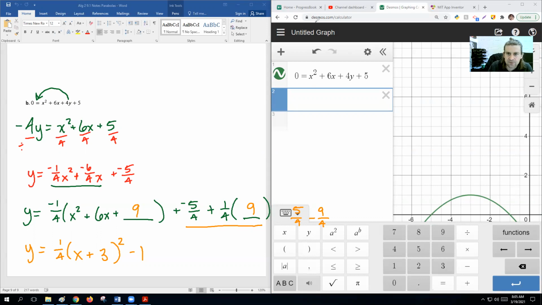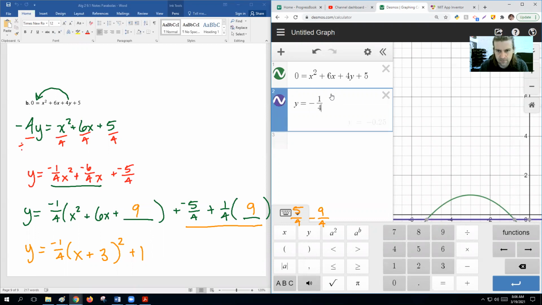So basically, all we do with our answer here is we have a -1/4, and that should be a +1. That one little mistake at the beginning carries all the way through, but isn't too bad to change. All right, so we get y equals -1/4 times (x + 3) squared plus 1.